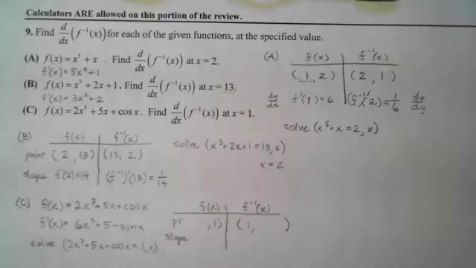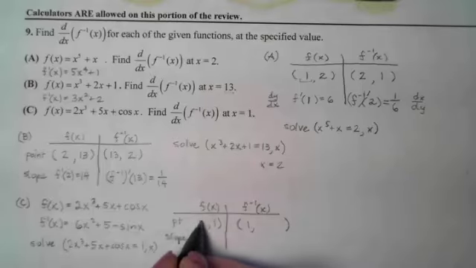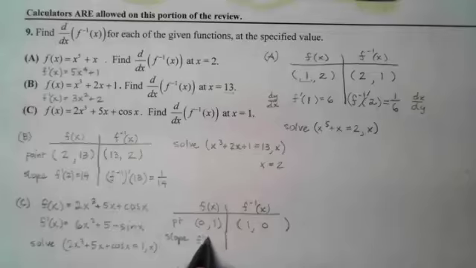Well, that happens when x is 0. So that means I need the slope of the original one computed at that point. Plug 0 into this, I get a 0 plus a 5 minus nothing. So that gives me a 5. So the inverse's derivative at its associated point will be the reciprocal of that 5.